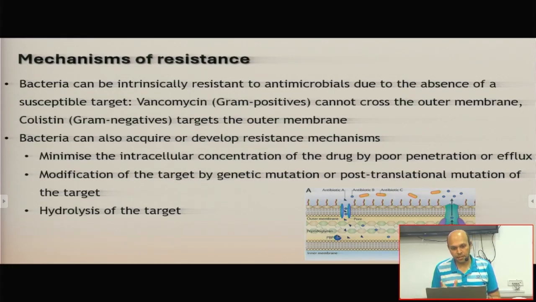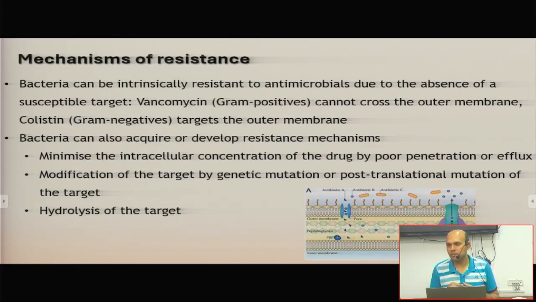Understand the sentence again: minimize the intracellular concentration of the drug. The drug is inside, but the concentration is very low. If the concentration is very low, how will the bacteria be killed? They can't be killed, right? That can be by poor penetration: the drug penetrates very poorly and can hardly go inside.